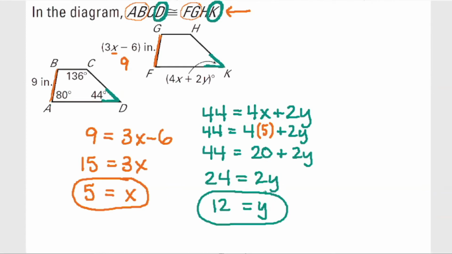And if we plug that back in, we'd have 4 times 5 is 20, 2 times 12 is 24, and 20 plus 24 would be 44. Great sign, those are congruent.